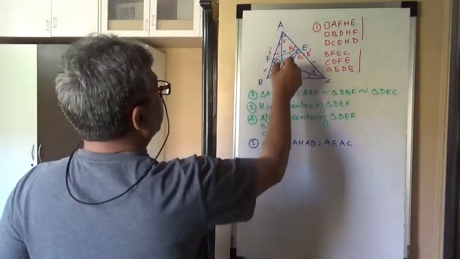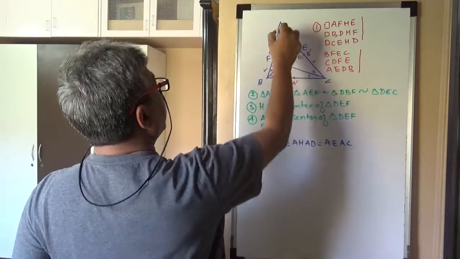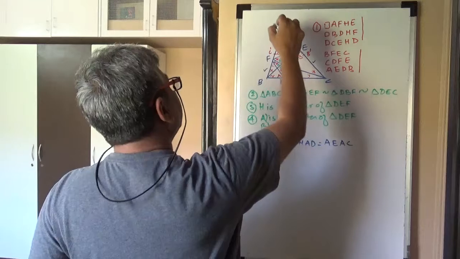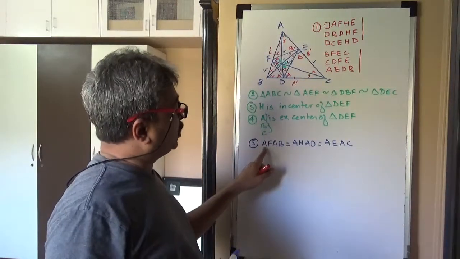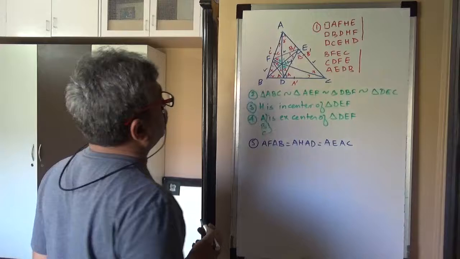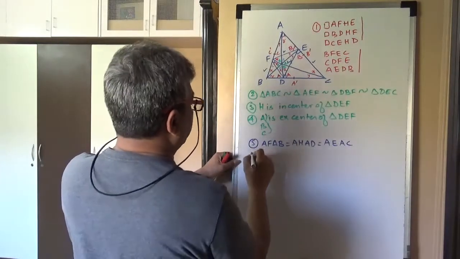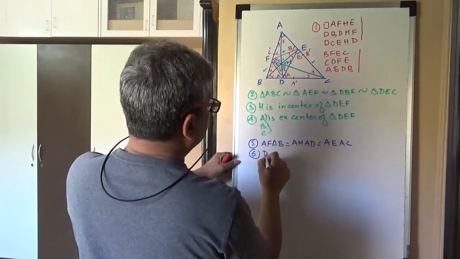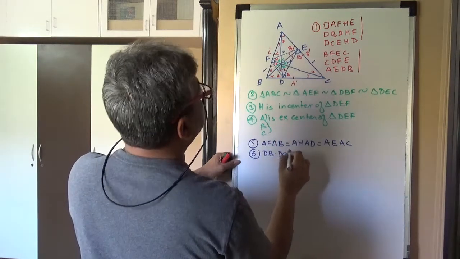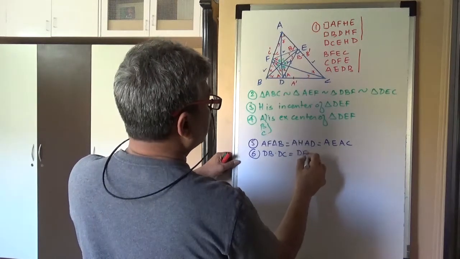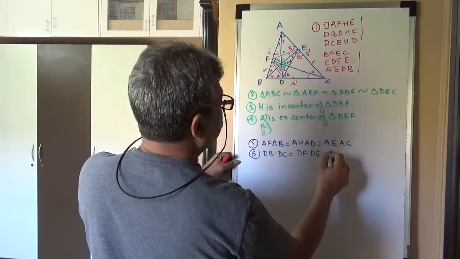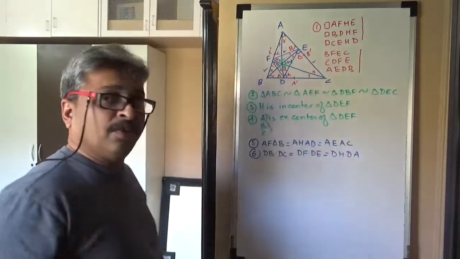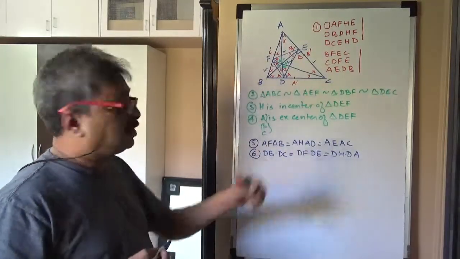We can do it because there exists a circle passing through these 4 points and A is the point which is outside, therefore it is PA times PB equal to PC times PD written for this configuration. Then there could be DB times DC is equal to DF times DE is equal to DH times DA. This is also true.